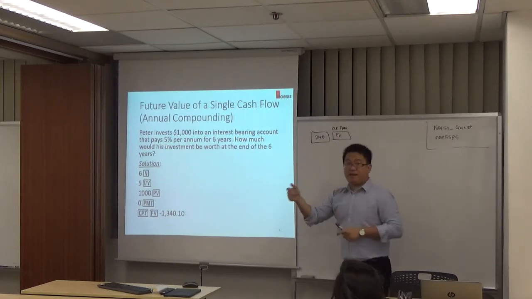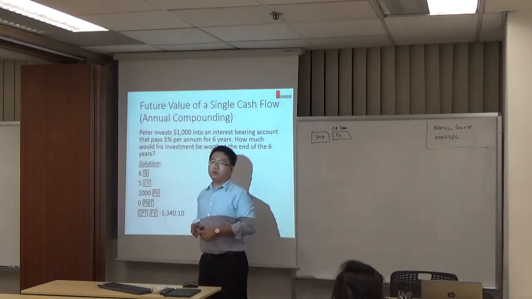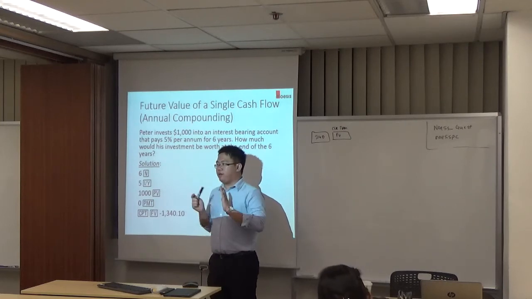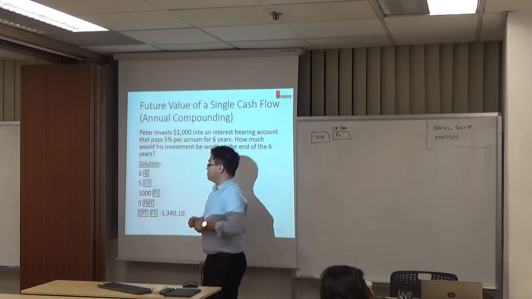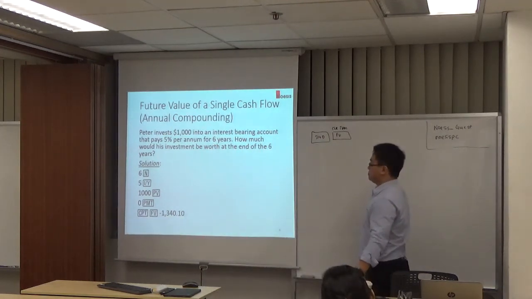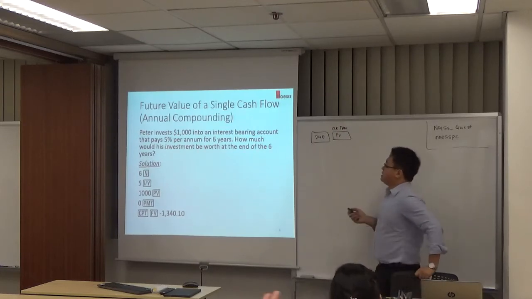So when you press second FV, the calculator will basically set everything here back to 0. That is in case you want to be on the safe side. But for me, as long as you are consciously aware, it's okay. Okay, first part is annual compounding.